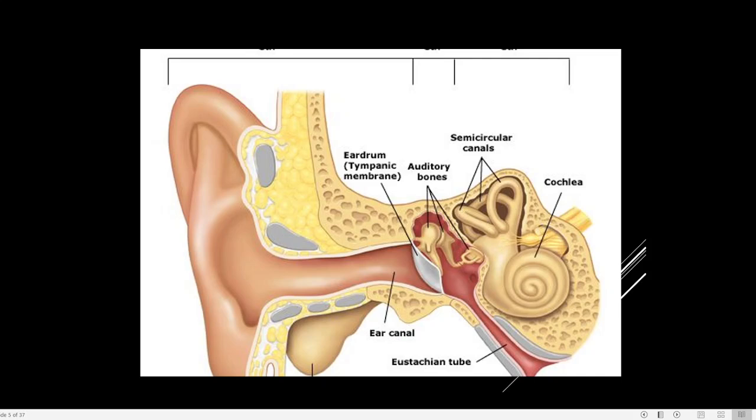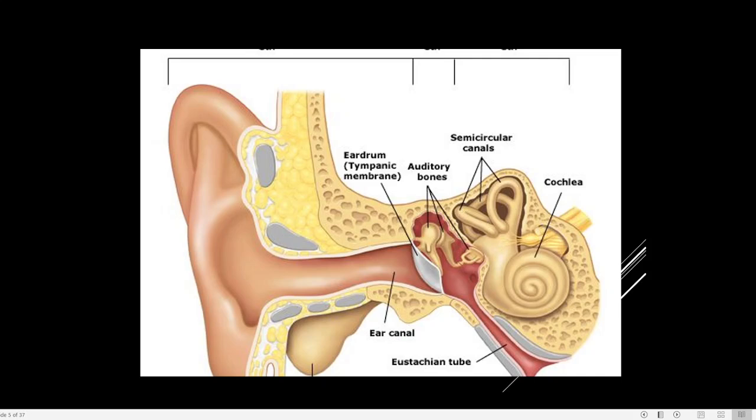They are known by the name malleus, incus, and stapes. Here you can see malleus, incus, and stapes. This is one bone, this is the second bone, this is the third bone. So these are three very small bones. Their main function is to transfer the sound vibration reaching the tympanum or eardrum into the internal ear.